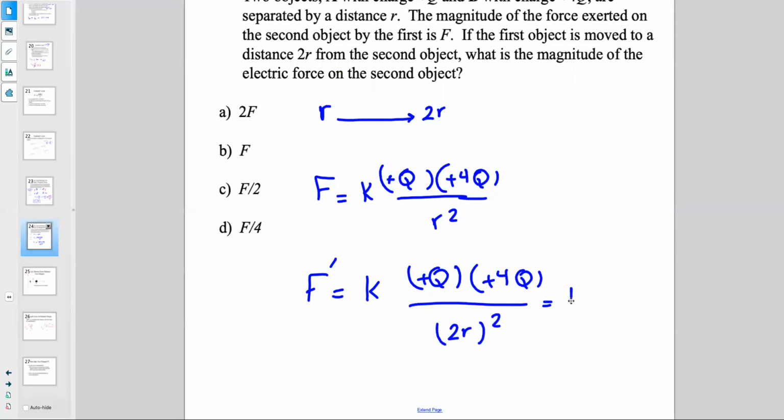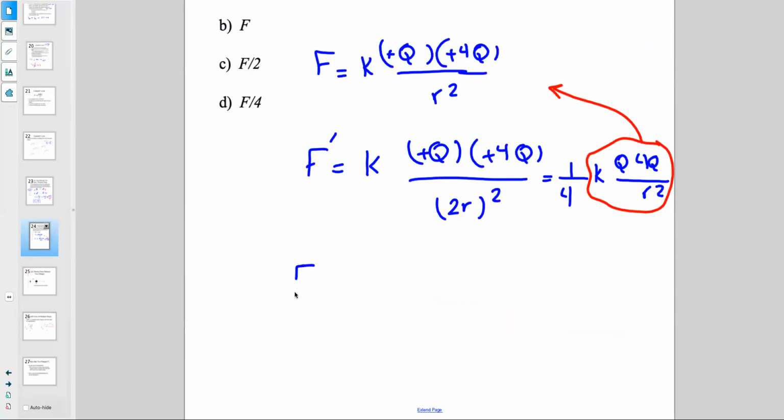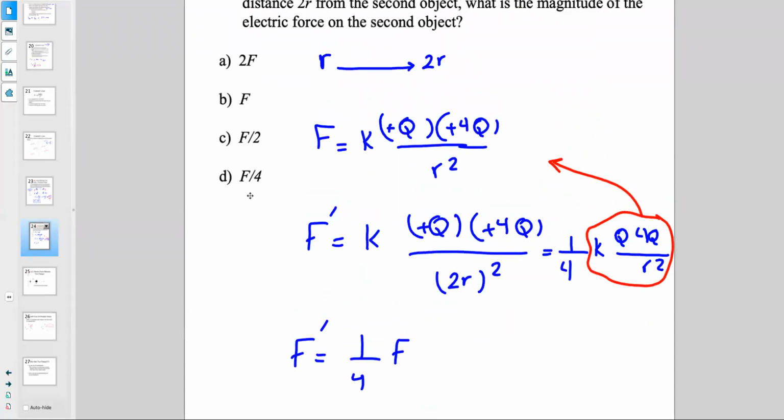So you will have 1 over 4 k q 4q over r squared. And this is our previous relationship. Okay, so we had F prime being 1 over 4 F. In other words, that's your final answer.